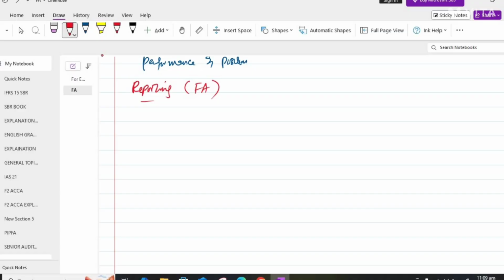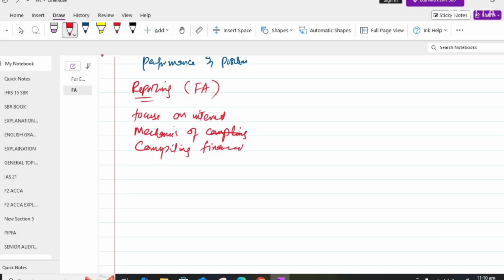This reporting is basically focused on the internal mechanics of filing financial data, and that is from recorded transactions into summarized reports.